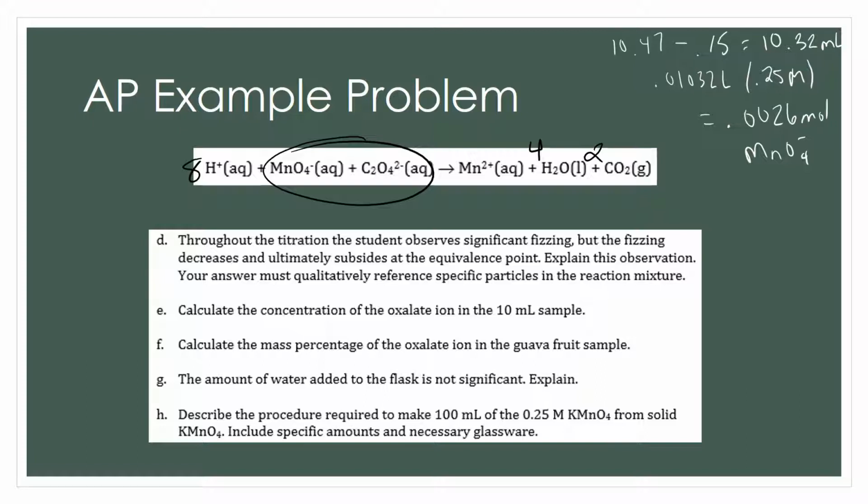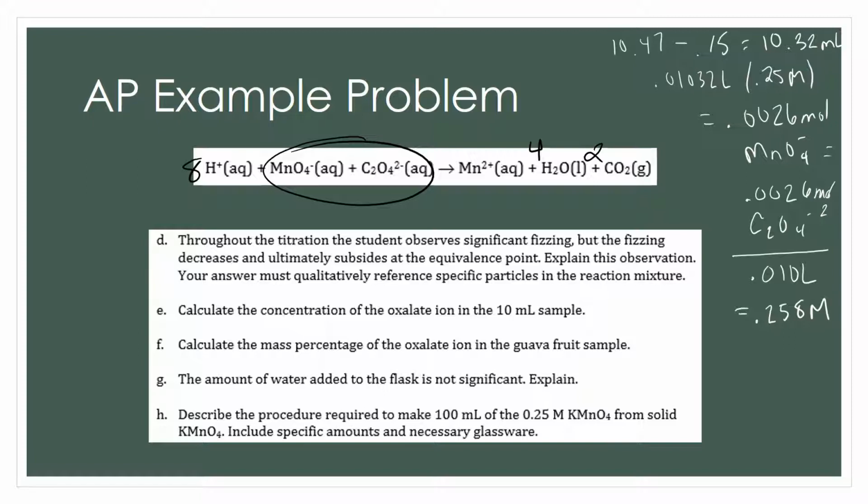So that tells me then that if I have 0.0026 moles of manganate, I also have 0.0026 moles of my oxalate, or my C2O4. Given that I know that, I can now divide my moles by my volume, again making sure to convert to liters, so I end up with 0.258 molar.